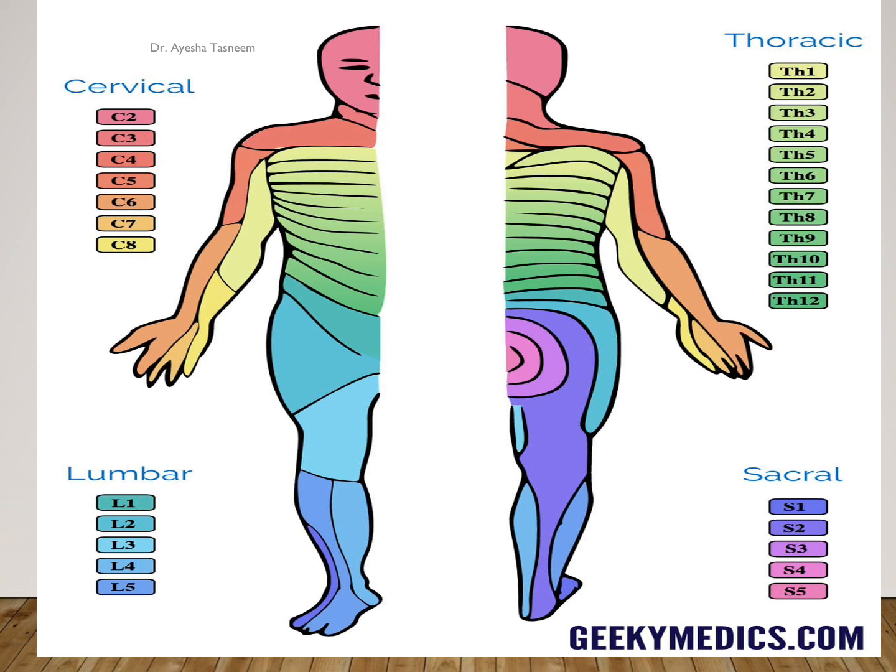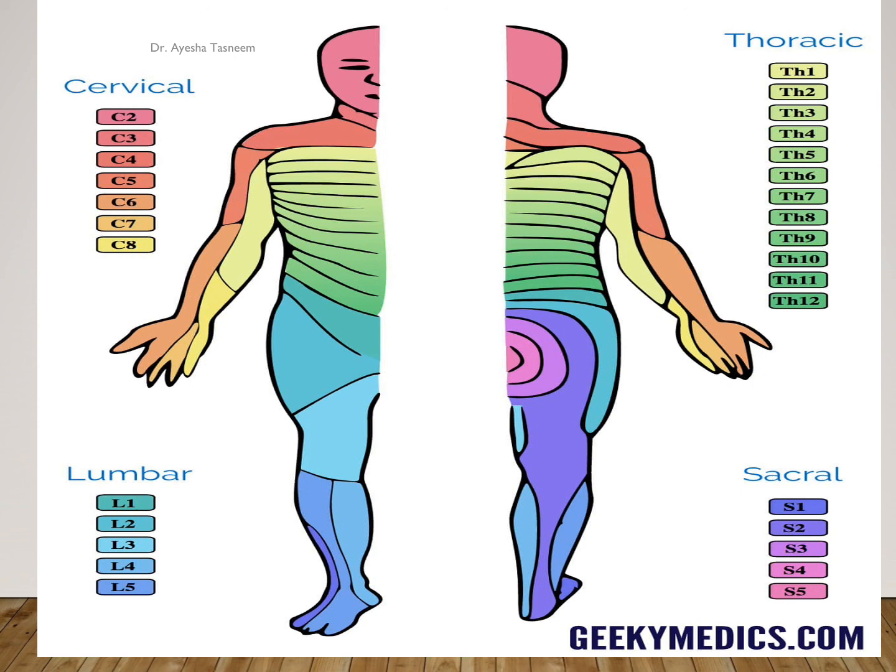The cervical spinal nerves supply the region of head, neck and the dorsal surface of the upper limb, while the thoracic nerves supply the skin of thorax, front and back, and the ventral surface of the arm and hand.